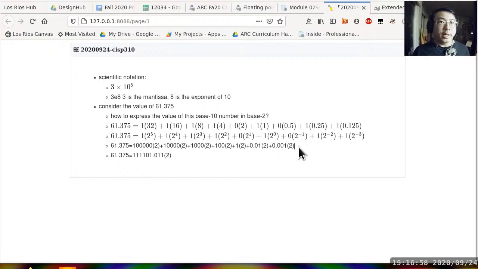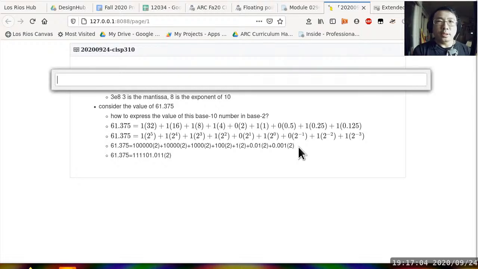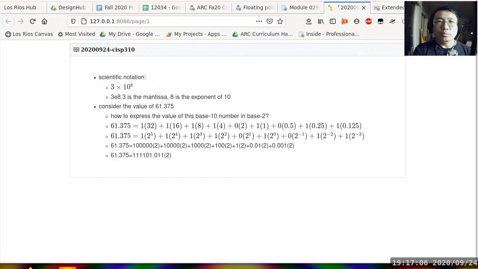So that's a good point, because now we look at this and go like, hey, we can express it in a slightly different way. We can actually move the decimal point a little bit. Okay, so what I'm going to do now is to say 111101.011 in base 2 is, I'll just move the binary point to the left just once.